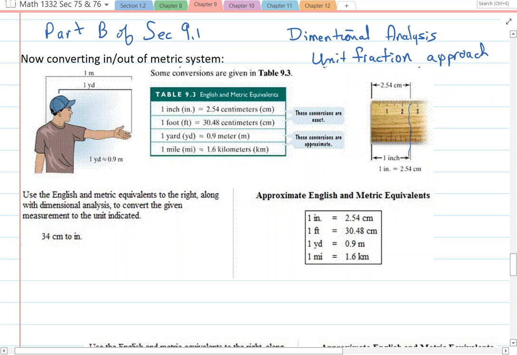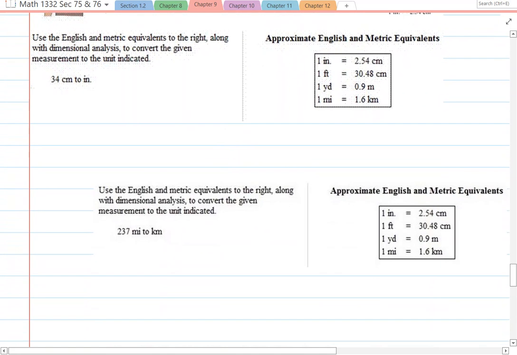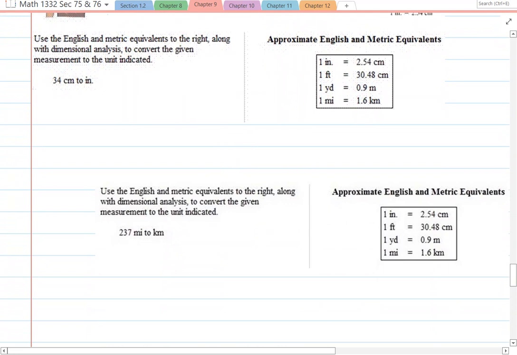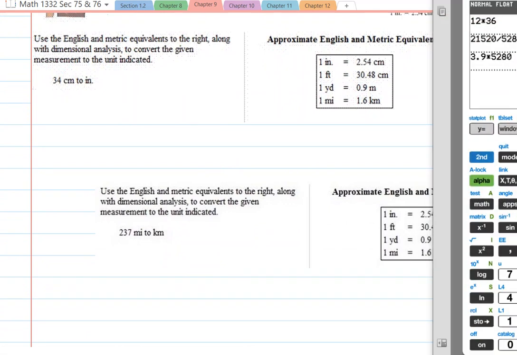And I thought those would be helpful for you to make that connection. It does help. All right, so let's get to it. Again, you don't have to memorize any of this. All you have to do is make sure that you see the problem and then are able to convert.